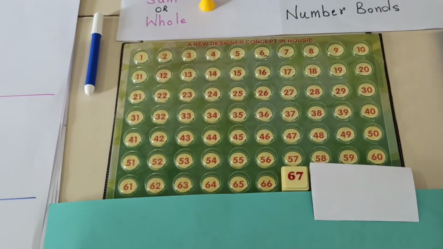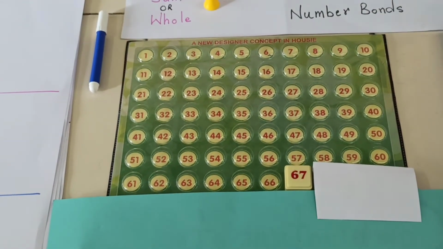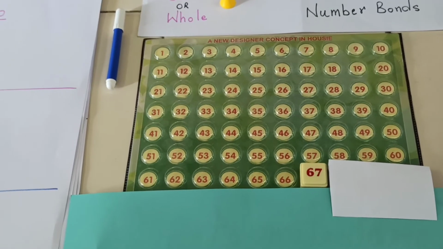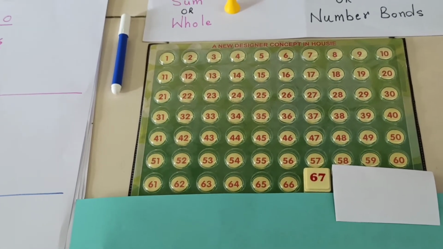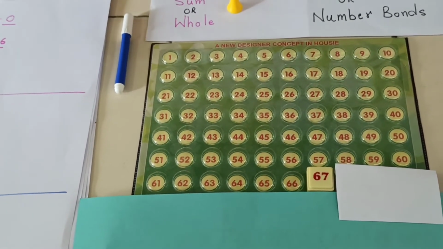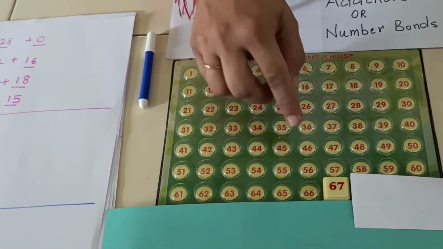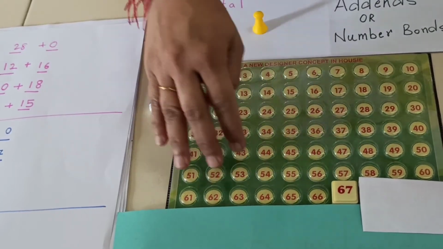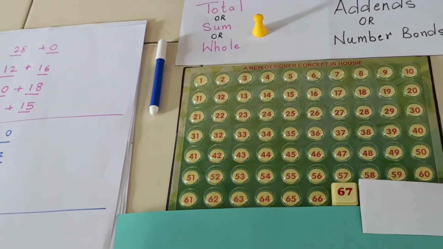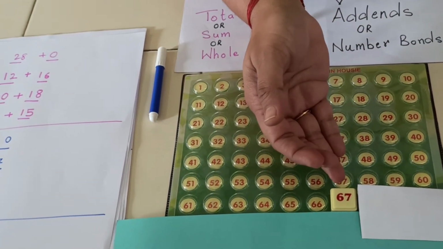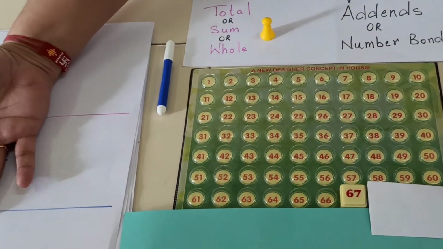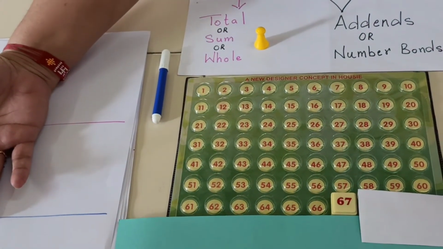What is so amazing about this? Neetu teacher, I think you will get 67 combinations. Yes, perfectly said. For this one whole number 67, I'll get these many combinations of addends to get my answer as 67. Am I going to write 67 combinations here?